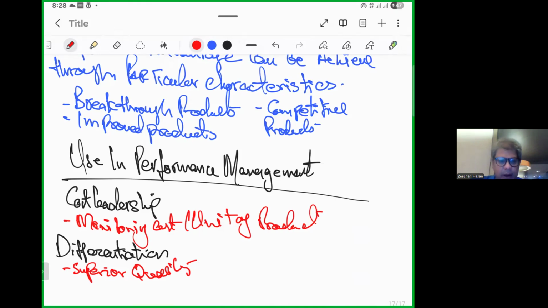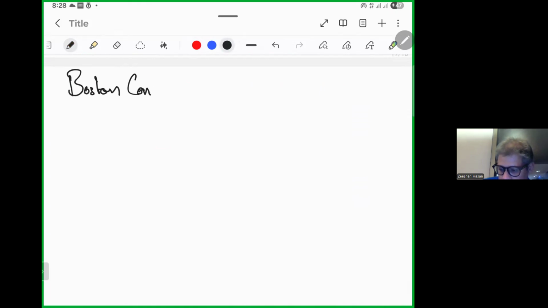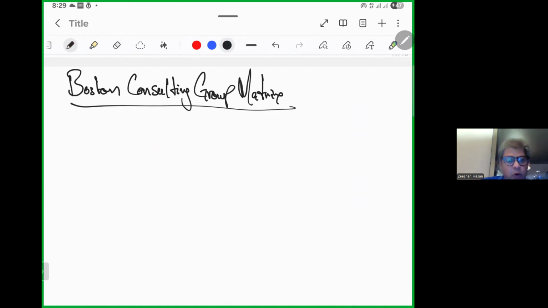Now we will look at the Boston Consulting Group matrix.